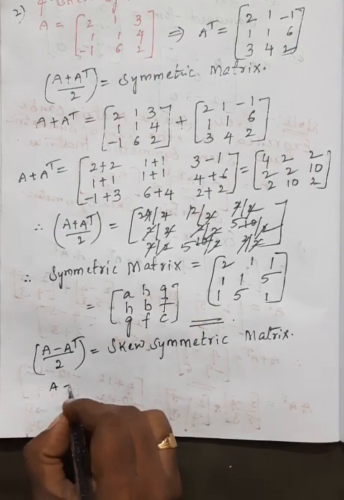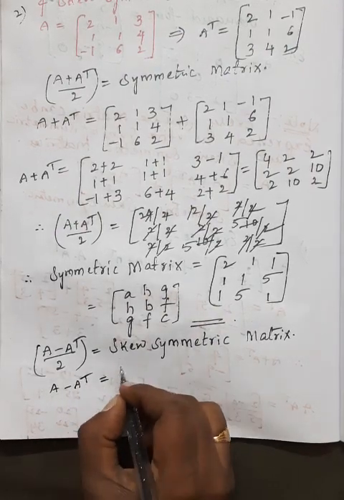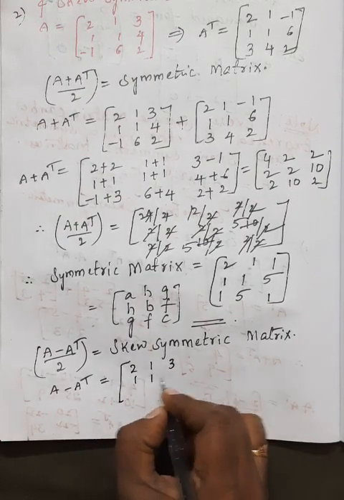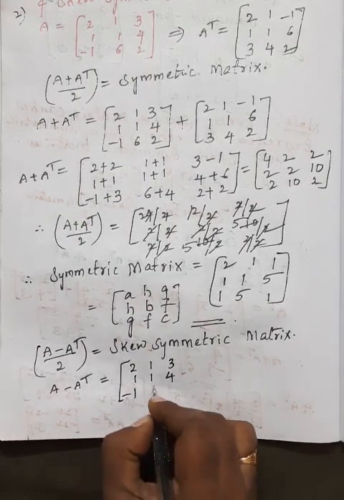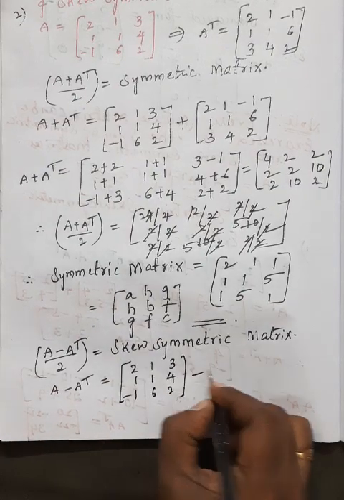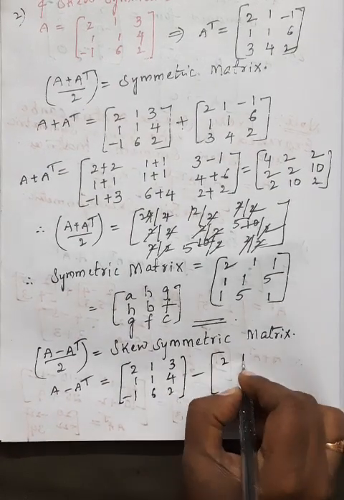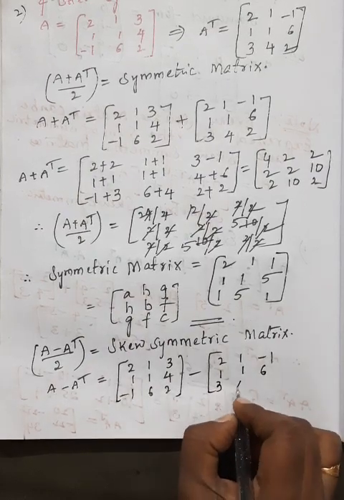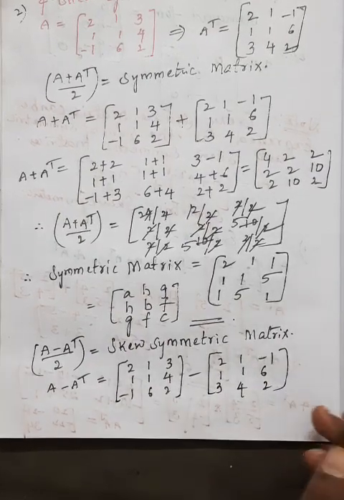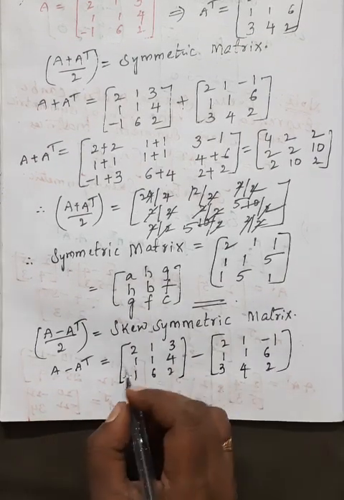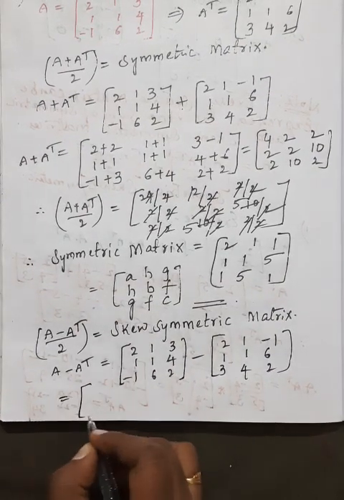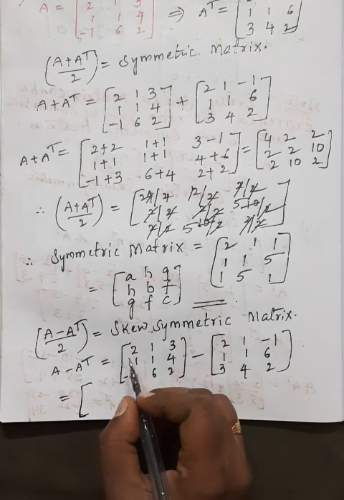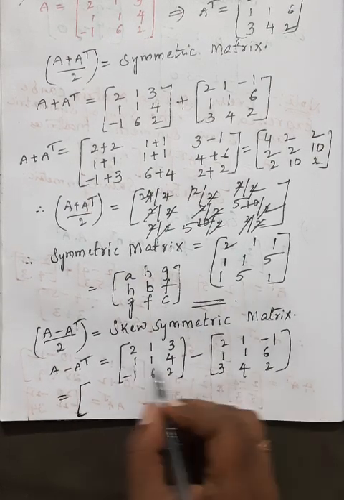Therefore A minus A transpose is equal to 2 1 3, 1 1 4, minus 1 6 2, minus 2 1 minus 1, 1 1 6, 3 4 2. Now we have to do subtraction. Already I have explained how to do subtraction. Subtract the first element from the first element, that is 2 minus 2.